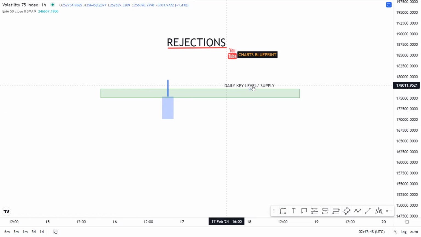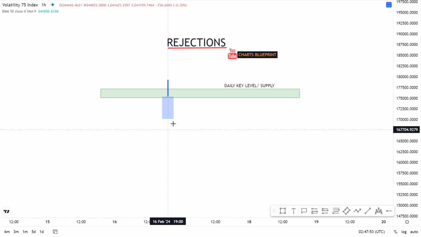And with this being the daily key level, and this, of course, being the daily time frame, we then want to drop to the 1 hourly time frame.